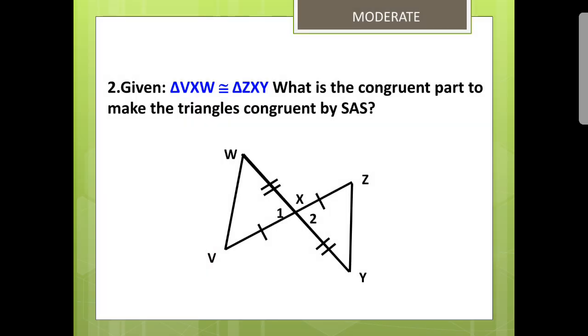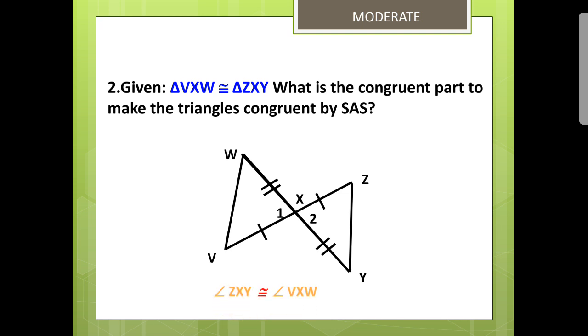Another question for moderate. Given triangle VXW is congruent to triangle ZXY, what is the congruent part to make the triangles congruent by side, angle, side? So you can name the 3 congruent parts. Be sure that the included part is an angle. So what do you think is the answer? Okay.